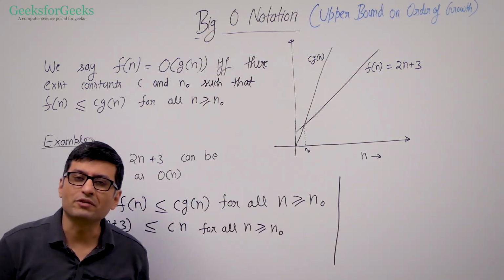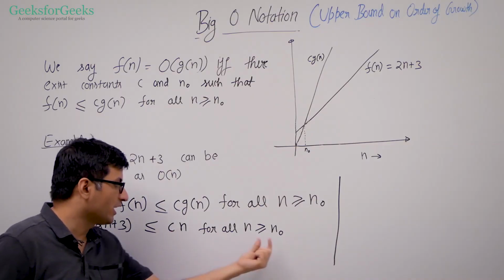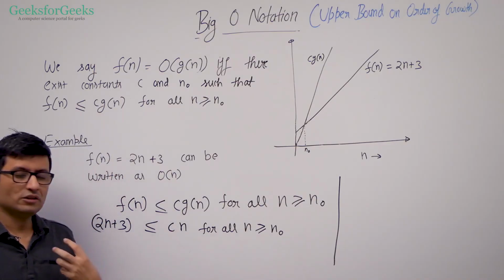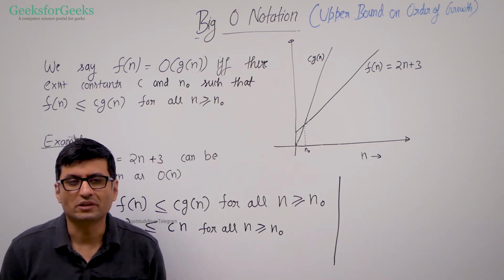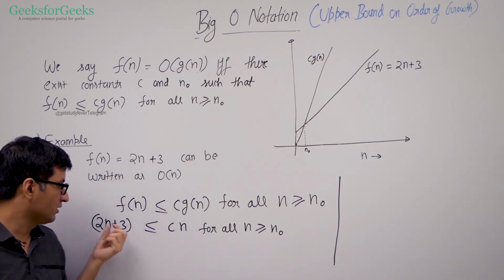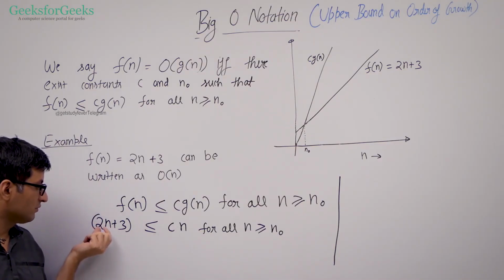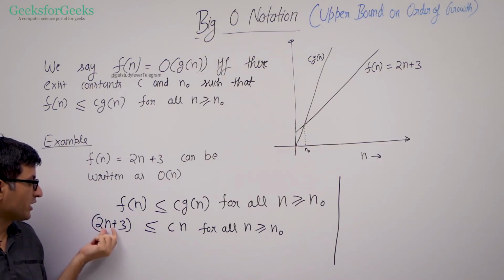Now how do you find the values of c and n naught? There is a quick, direct way to find the value of c. You can simply take the constant of the highest growing term, which is 2 here. See, the highest growing term is n.